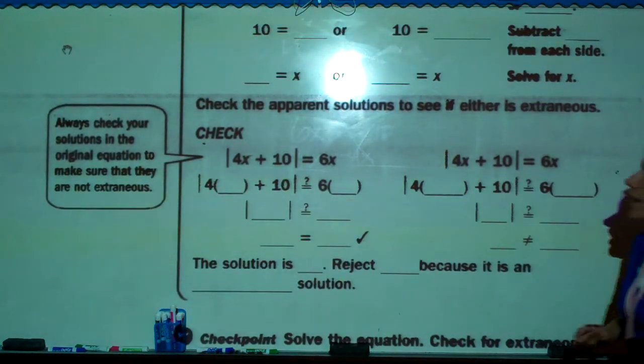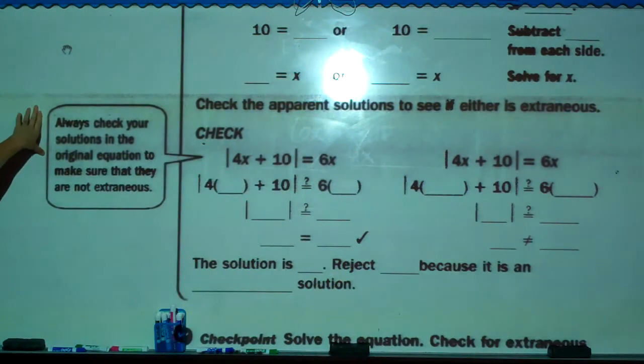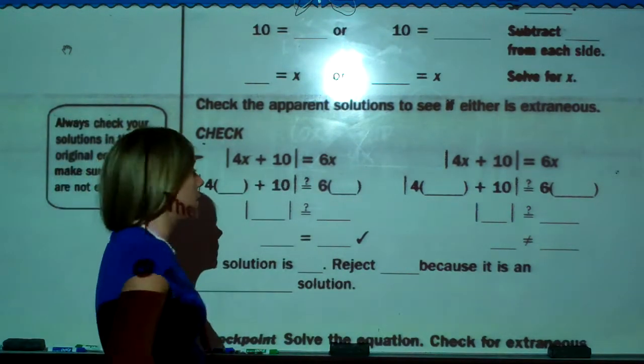All right, so let's check this. See, in the little box it says, always check your solutions in the original equation to make sure they're not extraneous, to make sure that they come out as true.